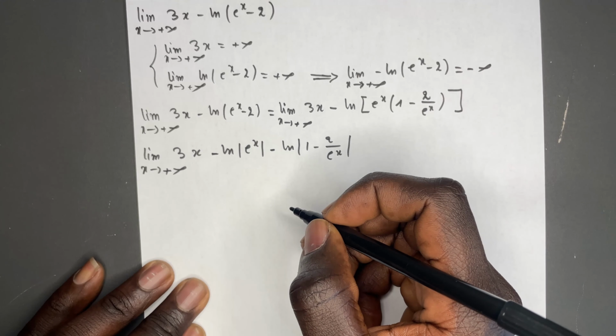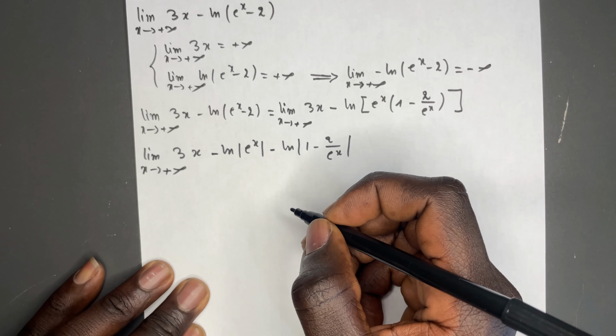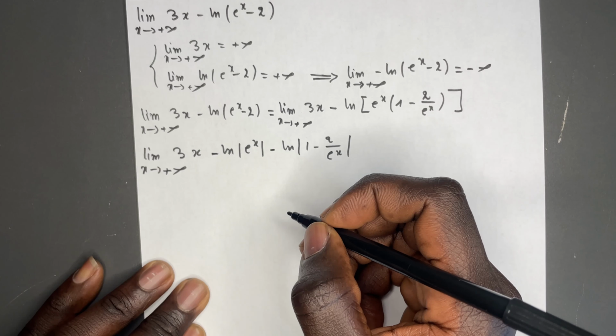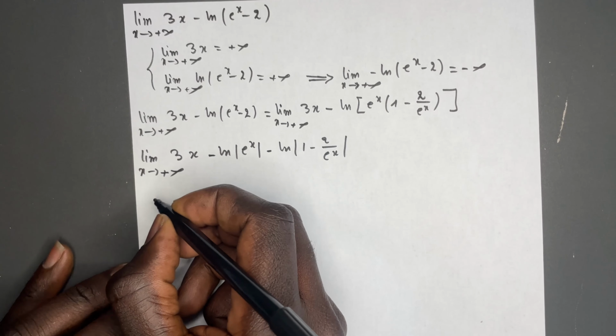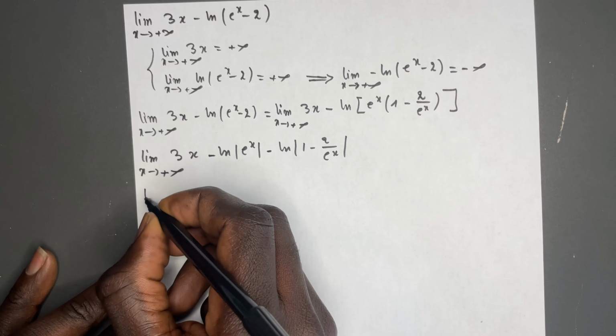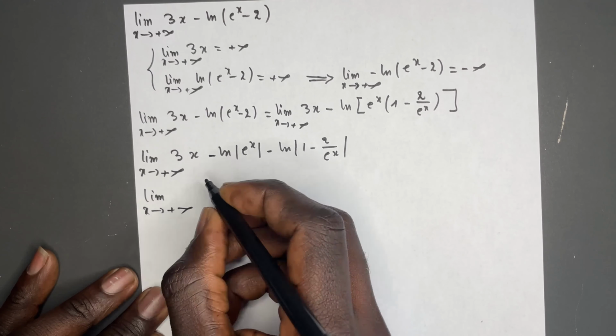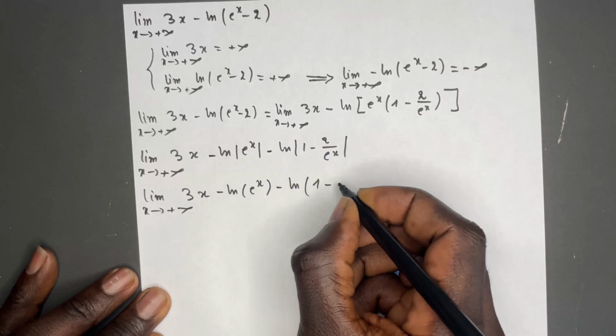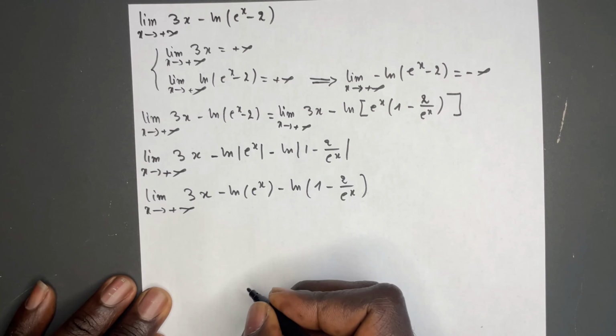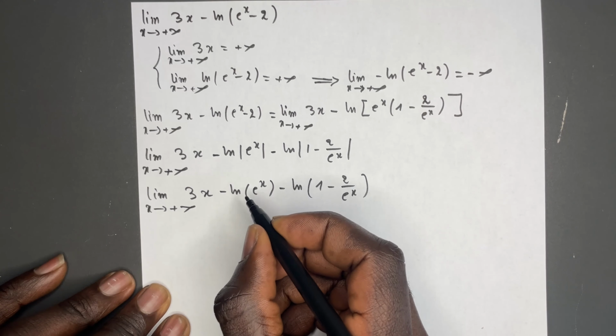Since both expressions are strictly positive as x approaches infinity, we can remove the absolute values. The limit becomes ln of e to the x is equal to x.